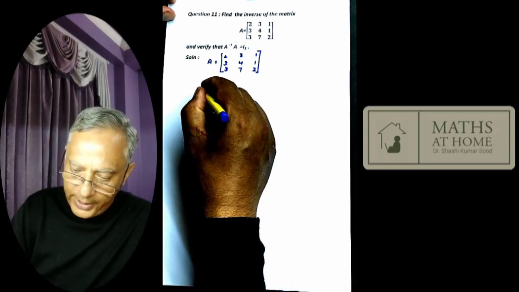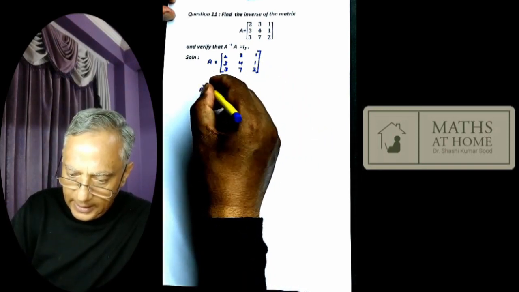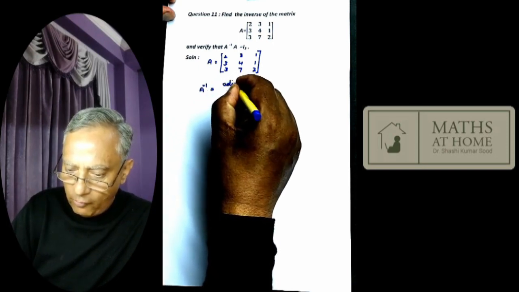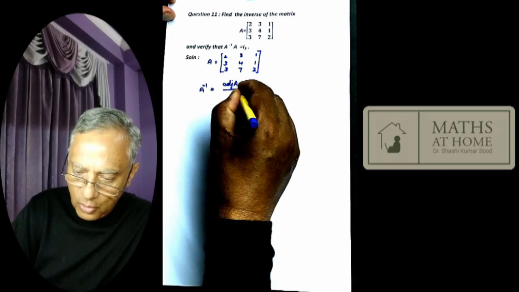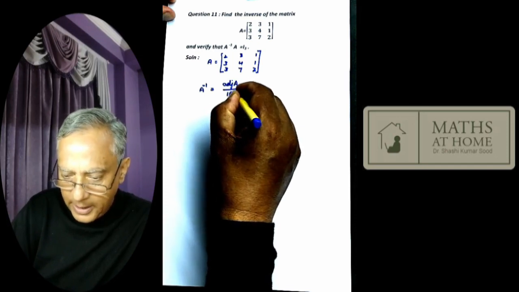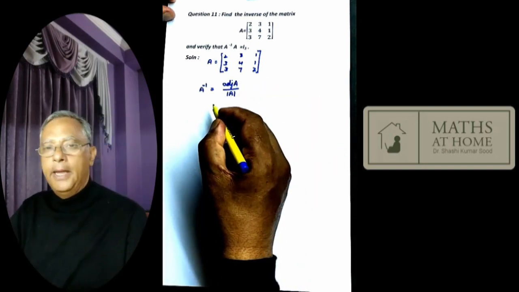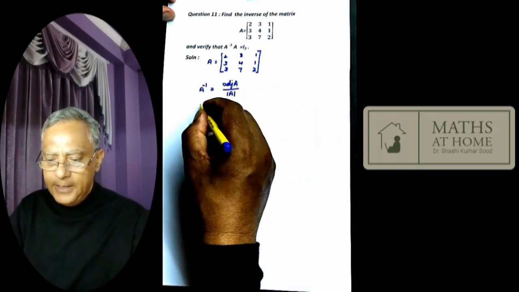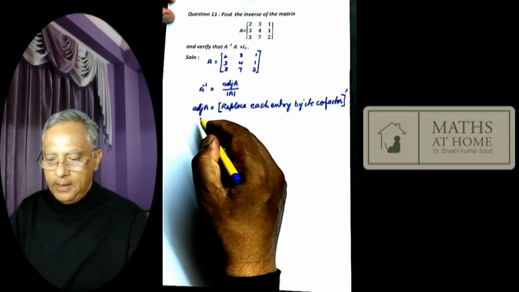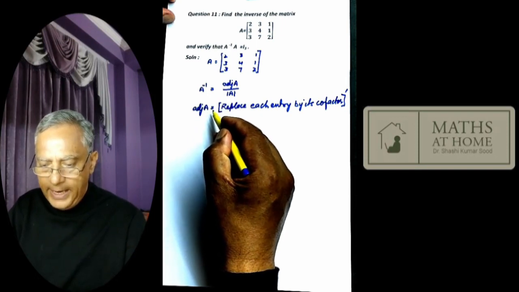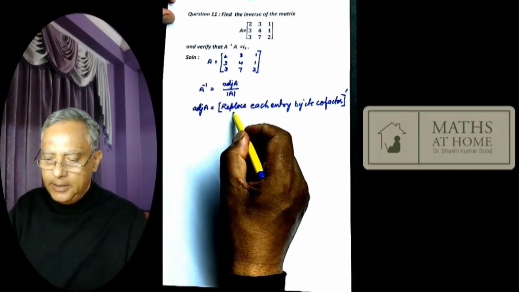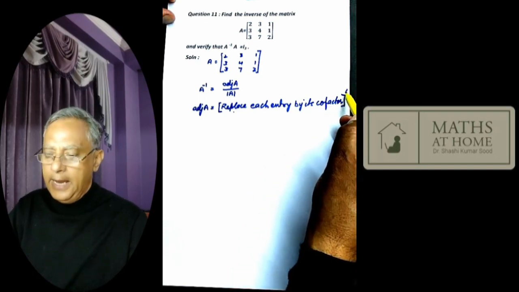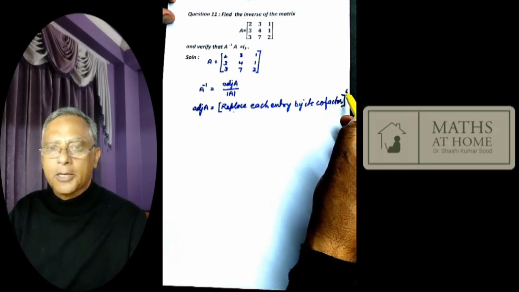Now we define A inverse as adjoint of A over determinant of A. And adjoint of A is defined as: replace each entry by its cofactor and take the transpose.